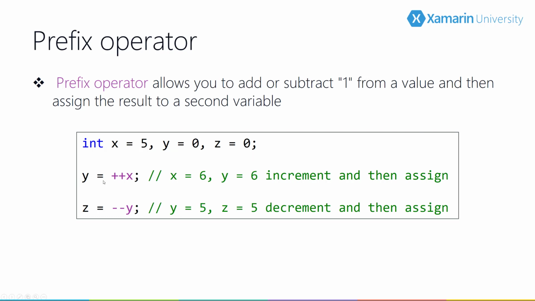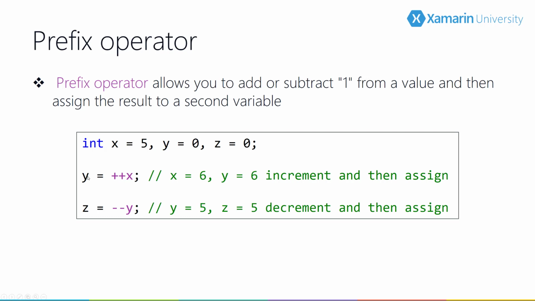So y equals plus plus x. So x is 5 originally. By saying plus plus x, plus plus means increase x by 1. So now x goes up by 1, and then we assign.